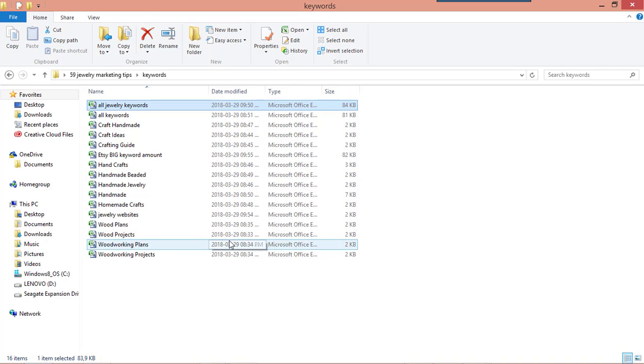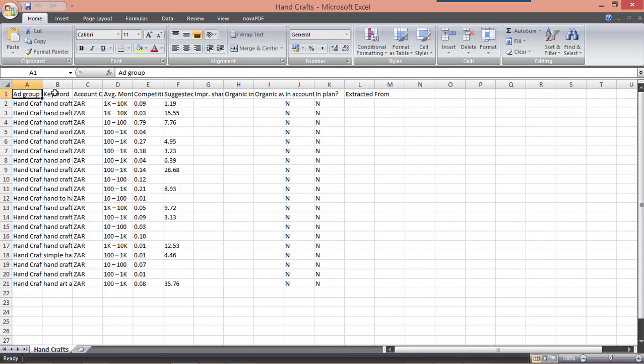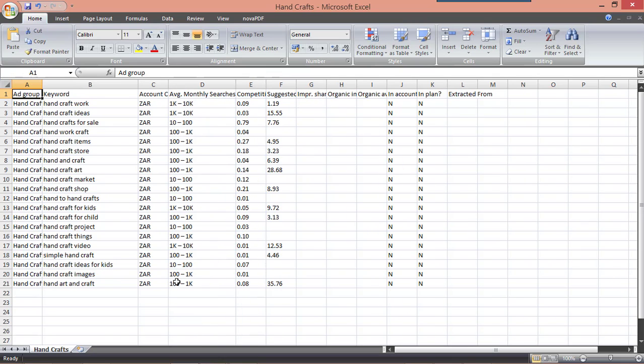Okay, so that's one example. Let me go and show you others. What I do is I break it down. So let's look here, handcrafts. So here's the keywords: handcraft work, handcraft ideas, handcraft for sale, hand workcraft, handcraft items. Now, I don't do a page for every single one of these. It would be silly. But if you look, there's a good couple of numbers.